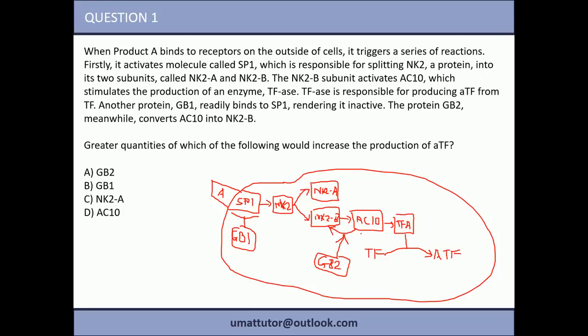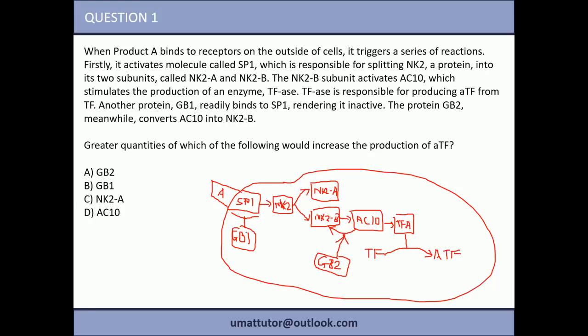Because remember, the more AC10 we have, the more TFA we have, and the more TFA we have, the more ATF we have, which ultimately is what we're looking for. So anything which decreases the amount of AC10 by bringing it back upstream will have a counter effect. It'll make less ATF. So A is not correct.